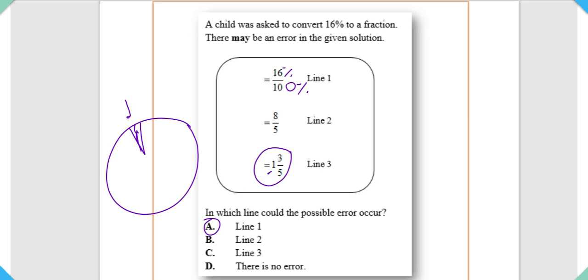So again, you guys, even if you do not understand how to convert percentages to fractions, use the knowledge that you already know. Look at this. This is right based on what is here. And based on the answer, we can see that there's an error in it because it's showing us a whole and a piece, and that cannot be 16% of a whole. So you guys use the knowledge that you already have.